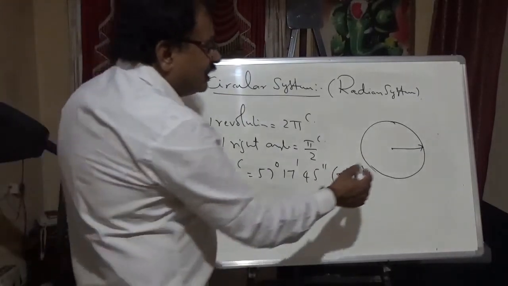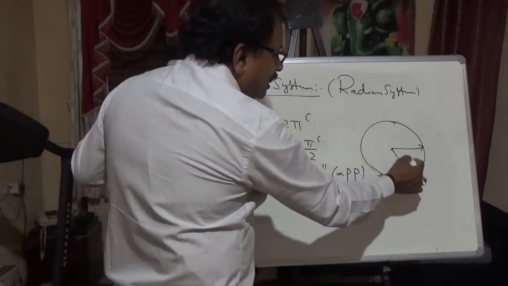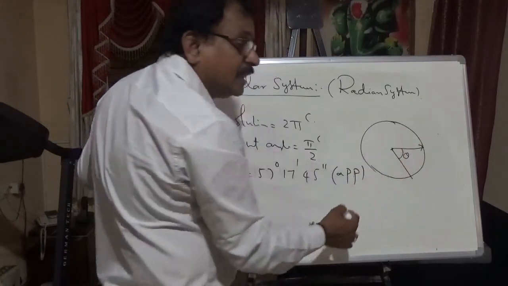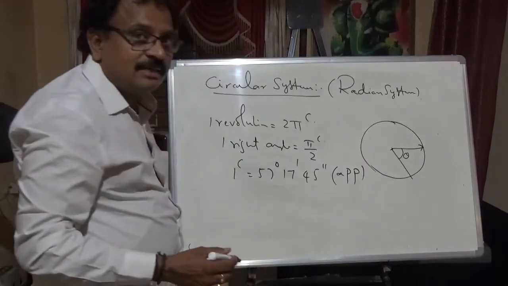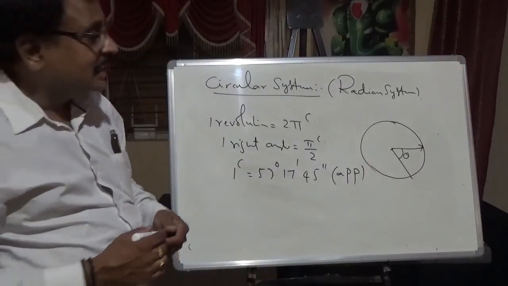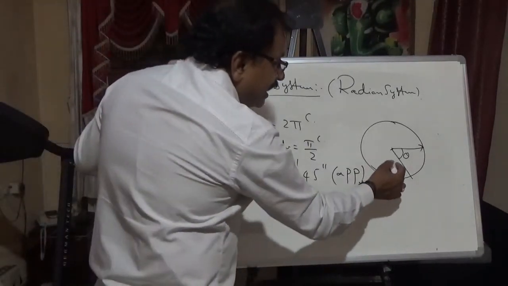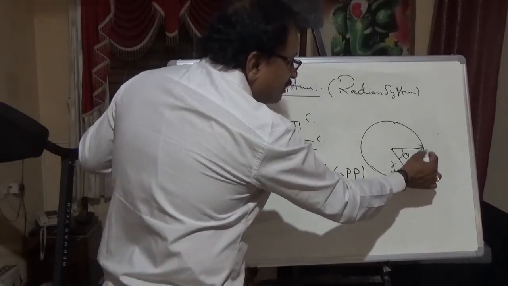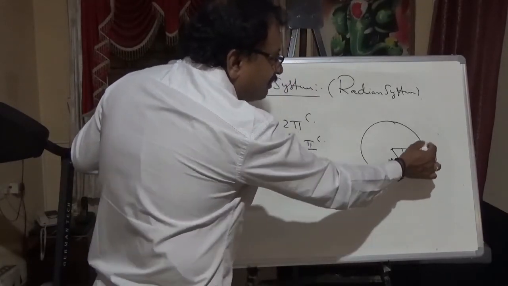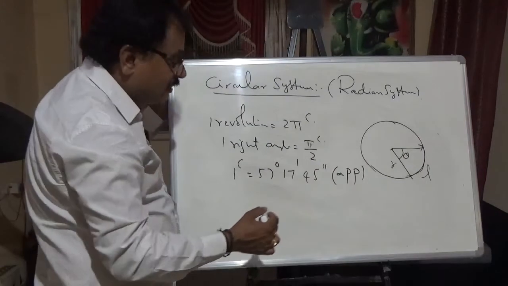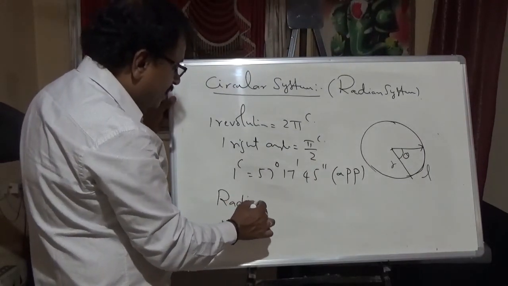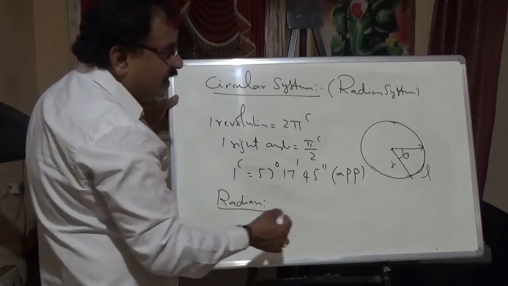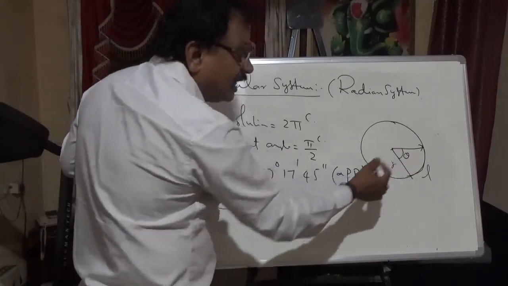In this system, this is the angle and this part is called the sector. This is the radius, and from here to here, this is the length of arc. Now I am going to define the radian. First of all, you need to understand the relation between L, R and theta.